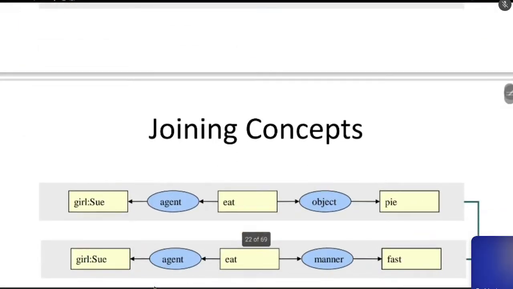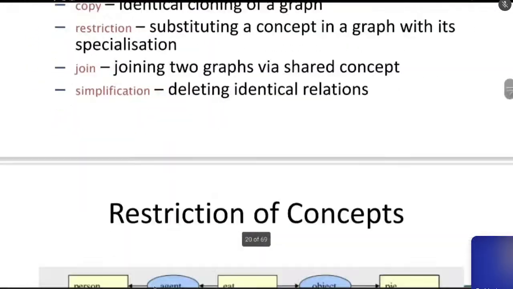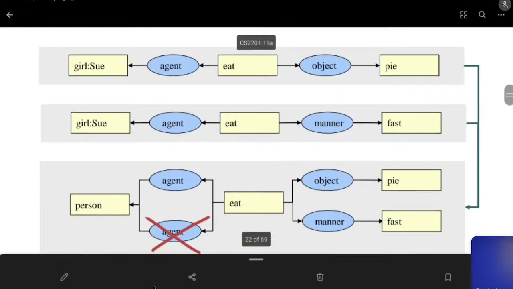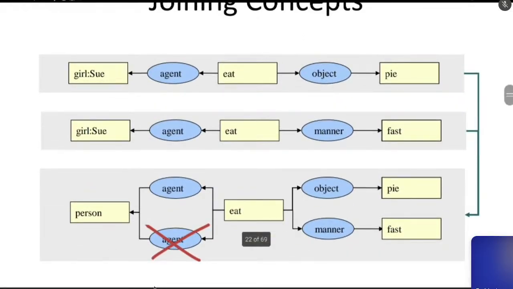Joining. Look at the first two graphs. See, the concepts are repeating here: girl, Sue, and eat, and agent is the relation. These three are repeating. The other two are not repeating. So what we can do is join the first two graphs and make one single graph.